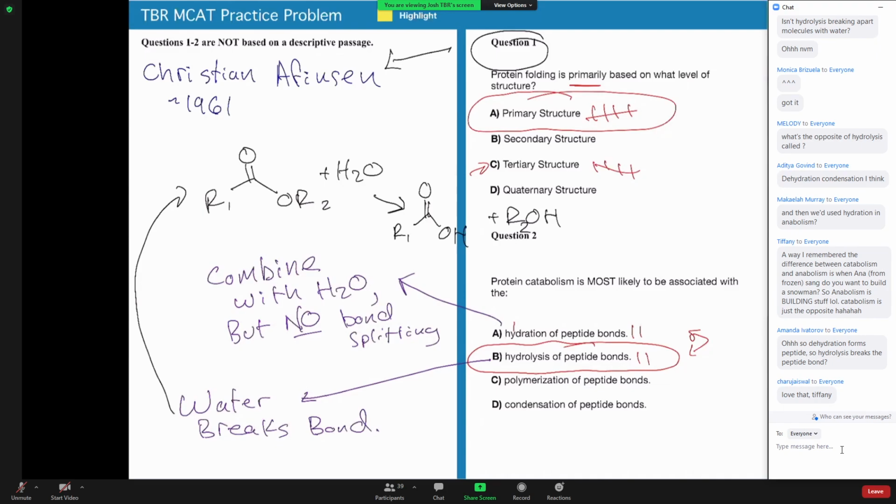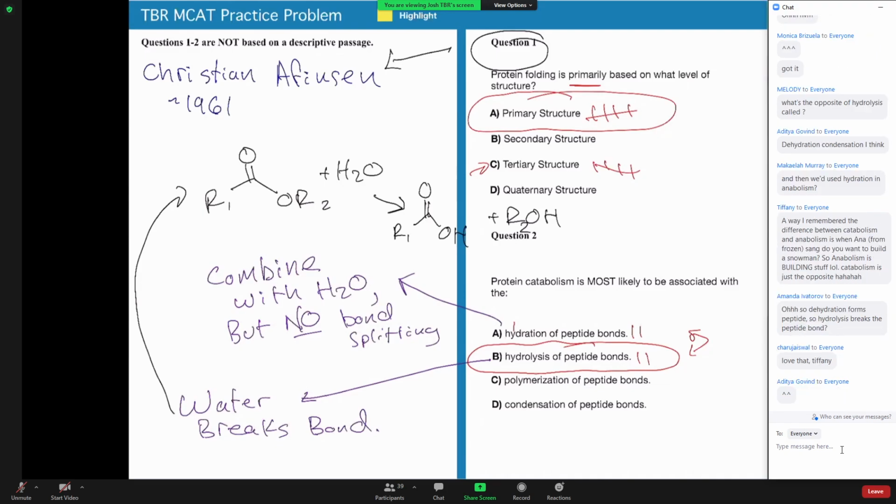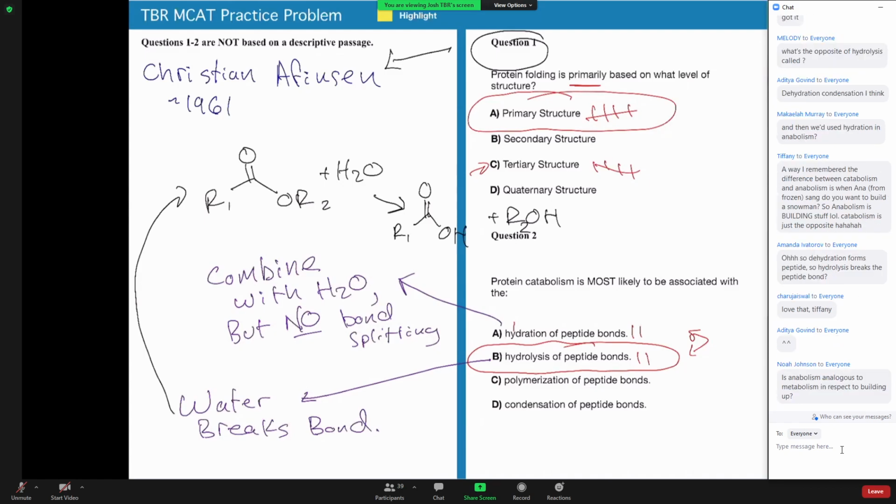Cool. Yeah, exactly. Exactly. Yes, and anabolism is building up, catabolism is breaking down, right?